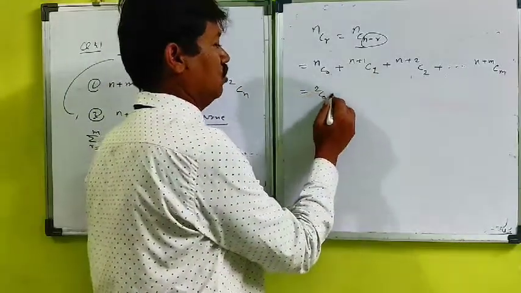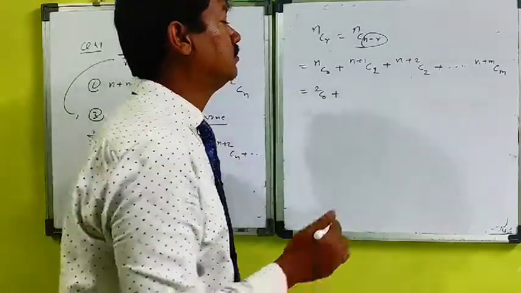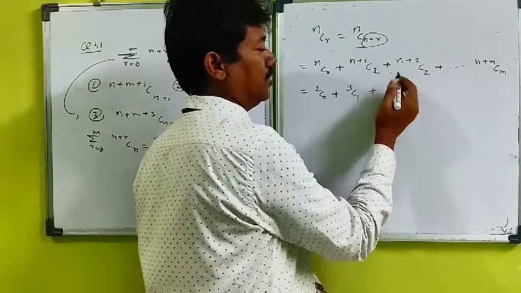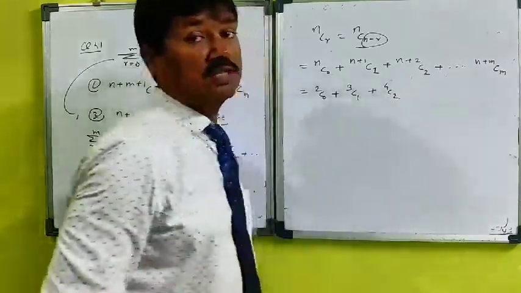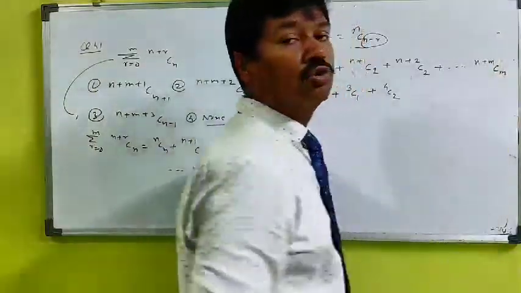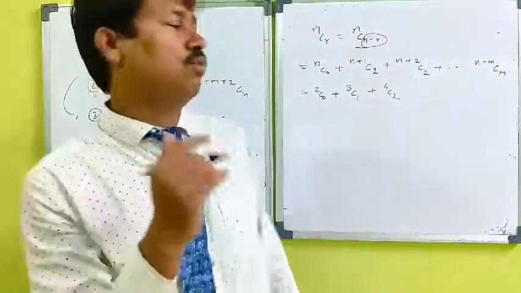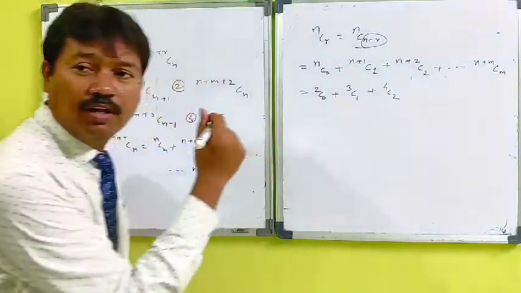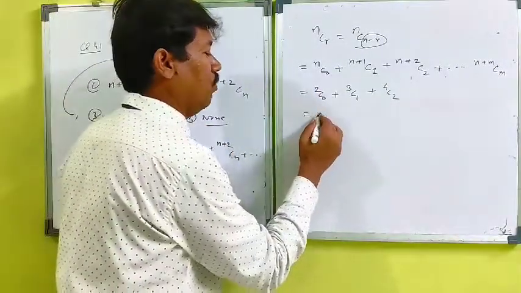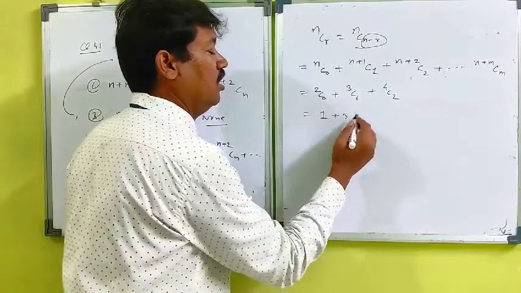So this is 2C0. Next, 2 plus 1 is 3C1. After that, 2 plus 2 is 4C2. We have to go up to 4C2. We have to find the value. So what is 2C0? 1. What is 3C1? 3.